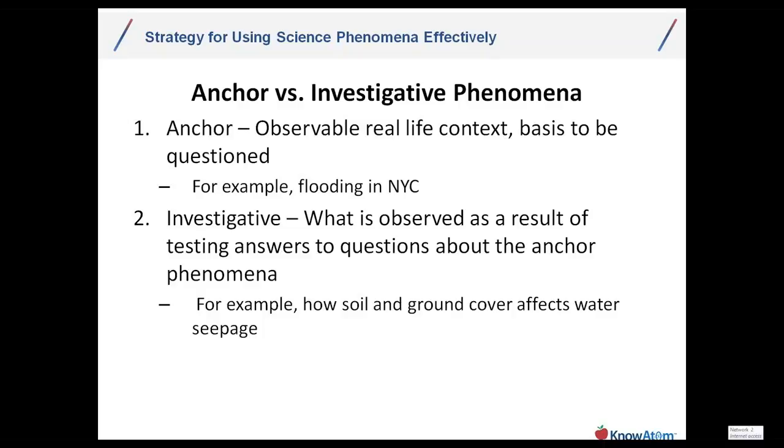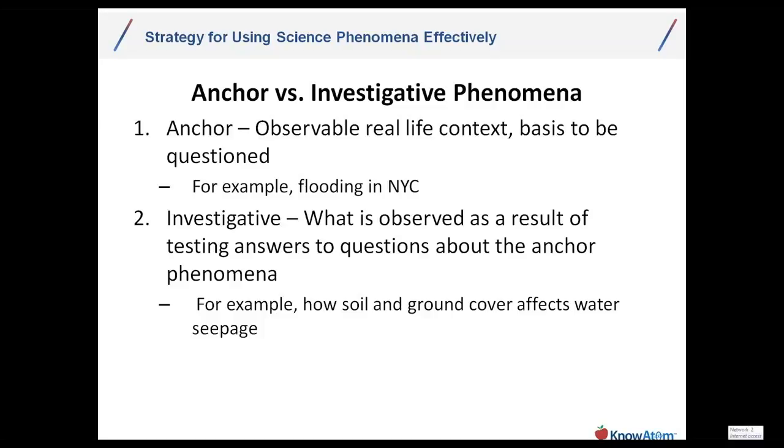The investigative phenomena is what is observed as a result of testing answers to questions about the anchor phenomena, or what is observed as a result of prototyping solutions to the problem identified in that anchor phenomena. So the investigative is an offshoot of the anchor.